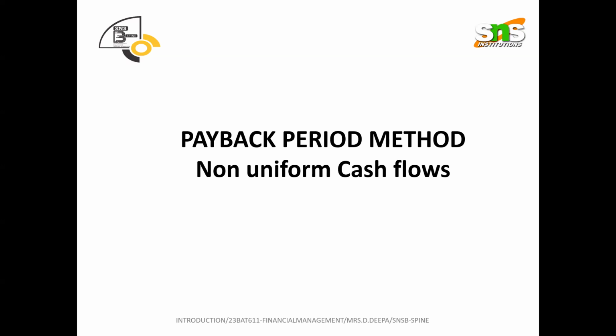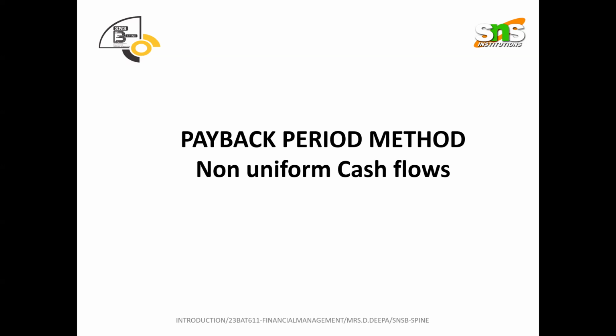The formula for identifying payback period is initial investment divided by annual cash inflow. Initial investment, for example, may be 10 lakhs. Why is it called uniform cash inflows? Imagine there are 5 different years.